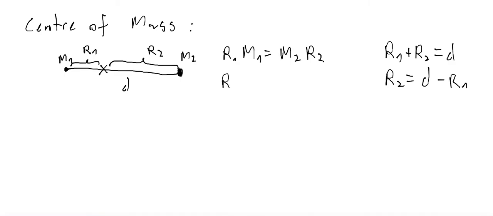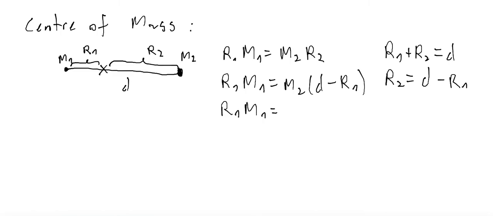So we can substitute r2 equals d minus r1, obtaining the equation r1 m1 is equal to d m2 minus r1 m2.